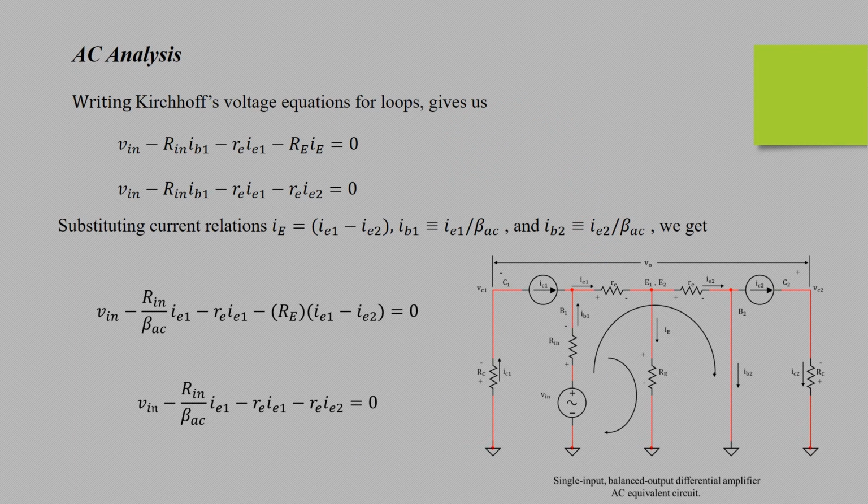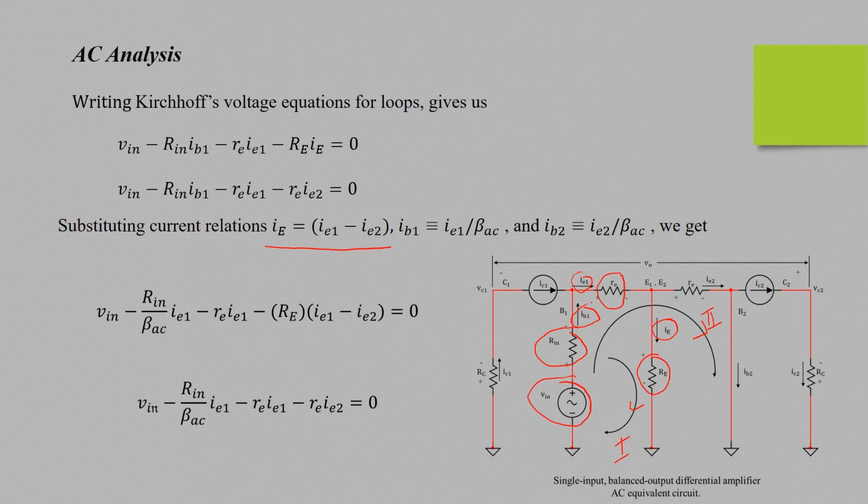So writing the voltage equations for loop 1 and loop 2, Kirchhoff's voltage equation can be written as Vin minus Rin into IB1 minus RE into IE1 minus RE into IE, where capital IE is equal to IE1 minus IE2.